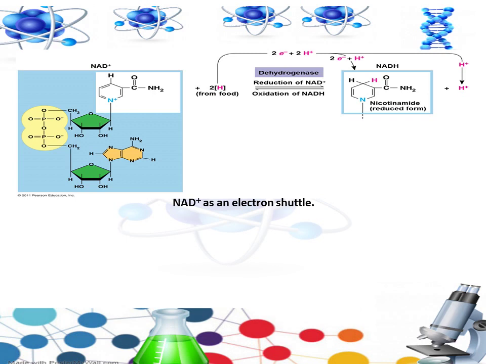On our right hand side, we can see the structure of NADH. So what will happen next? The H plus atom will be passed to the oxygen with the electron, and then the NADH will be oxidized, okay, and it becomes NAD plus again.